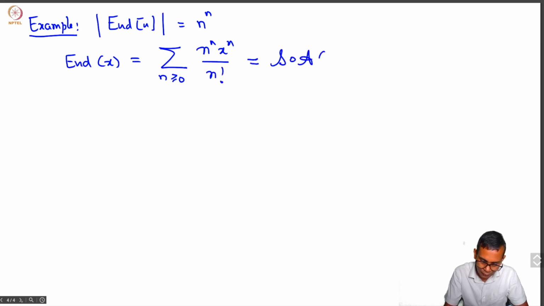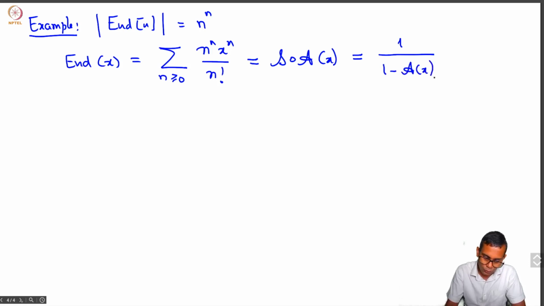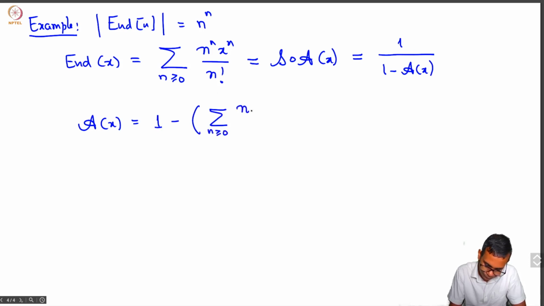S circle A of x, but S of x is just 1 over 1 minus x, so this is 1 over 1 minus A of x, and so what you can say is that A of x is equal to 1 minus the inverse of the sum.